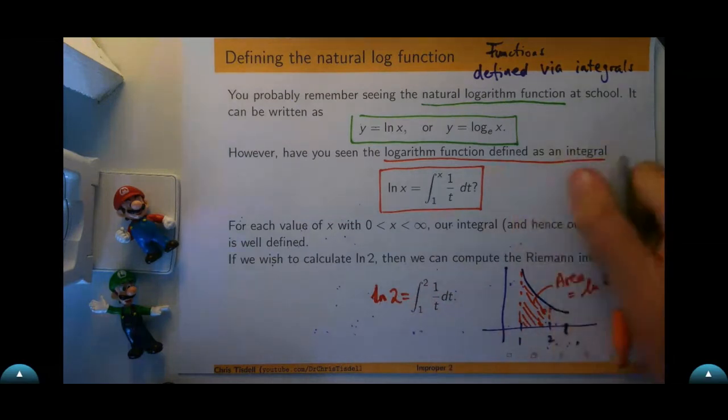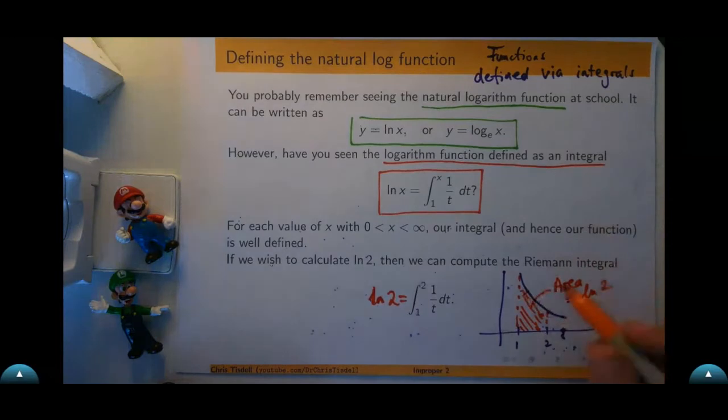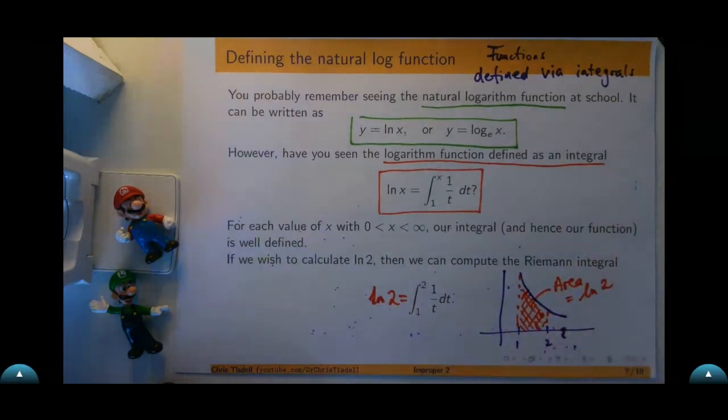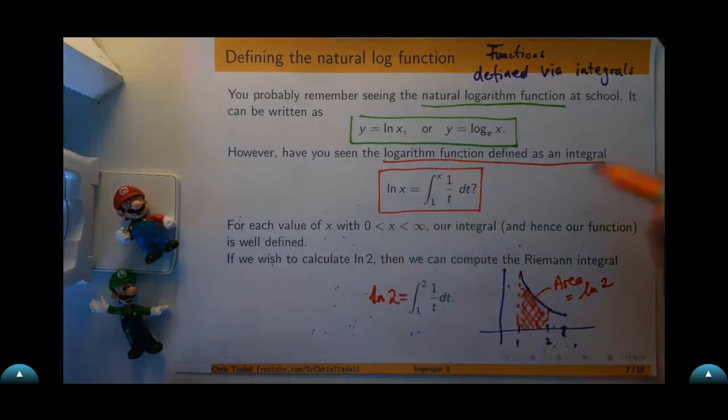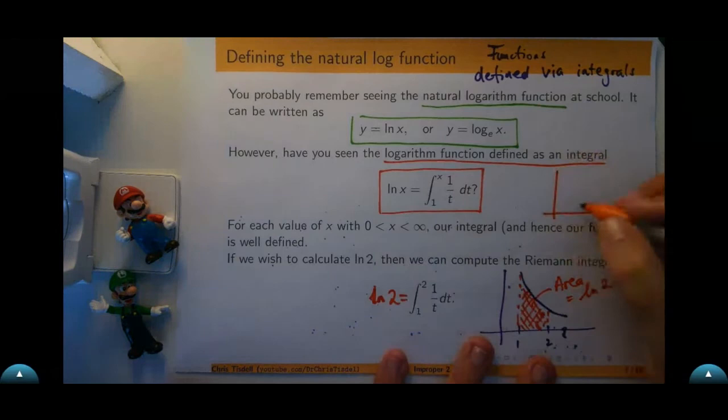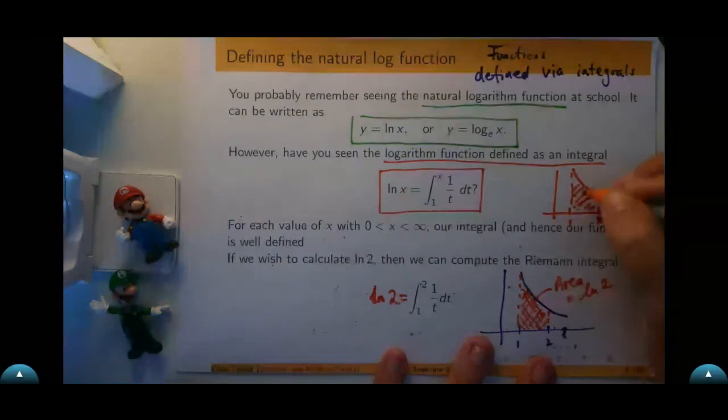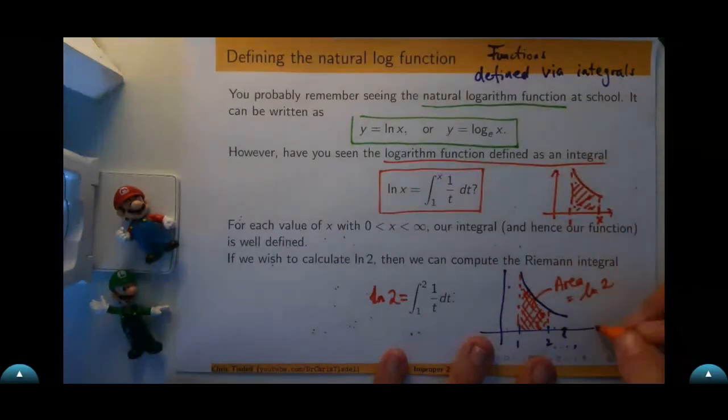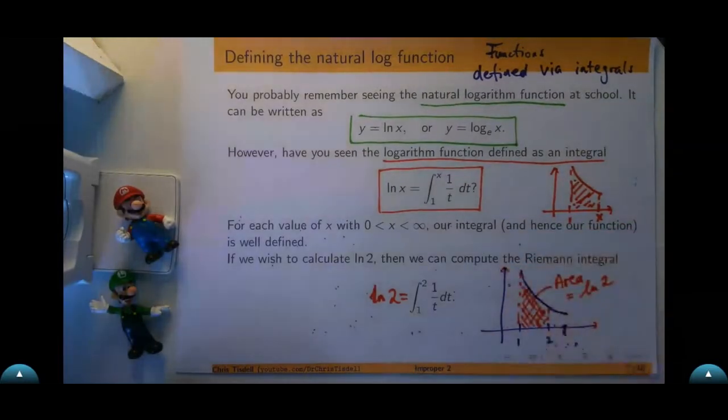If we went out to 3 and 4 and 5 and 6, then you would get natural log of 3, natural log of 4, natural log of 5. So this definition has a really nice physical representation through area. I can start at 1, go out to any point x, and the area under the curve is what I'm talking about.